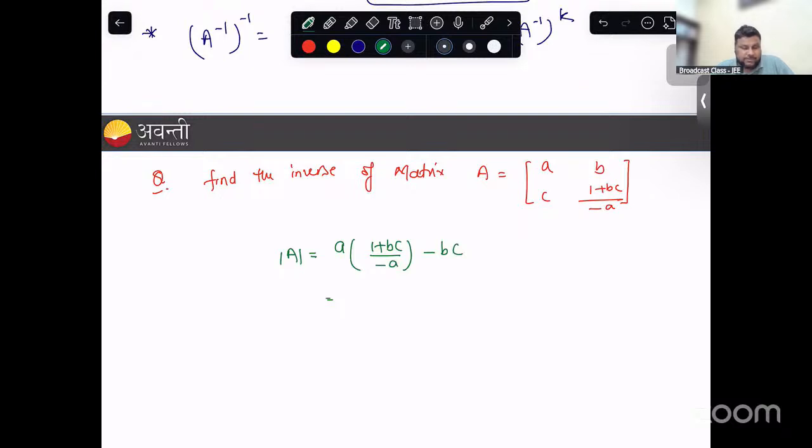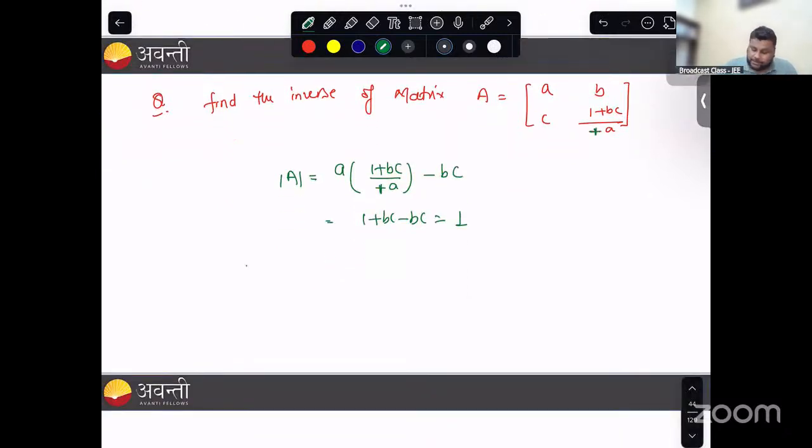So it will be 1 plus BC minus BC, that is 1. So determinant of A is 1.